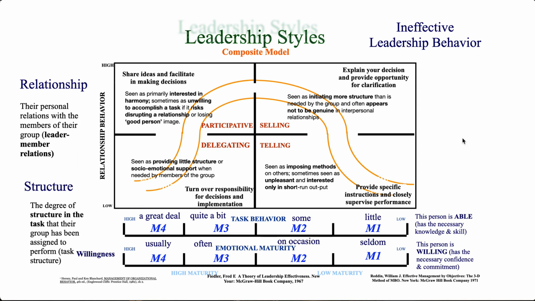Sometimes an ineffective leader will be seen as imposing methods on others that's sometimes seen as unpleasant and interested in only short-term output. Now, this is important because the individual you're leading may not know enough about the whole process to see the beginning to the end, and if in fact the methods are extensive, and if they go into too much detail at this point in time, then it's easy to turn them off.